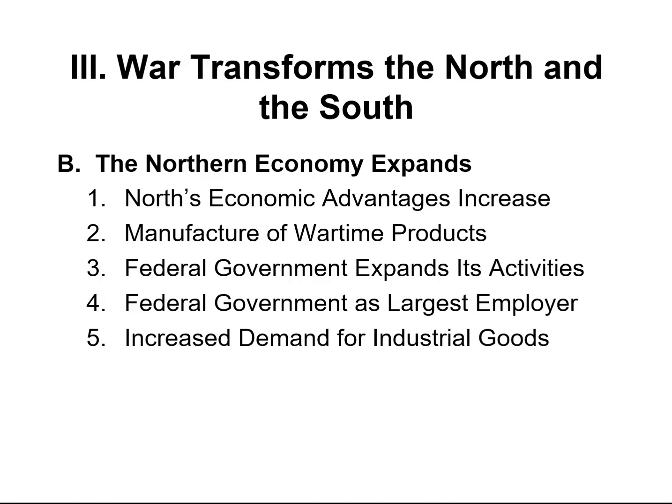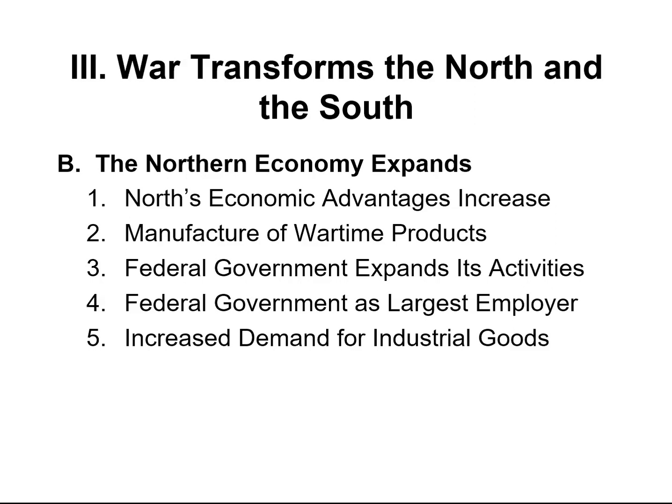The federal government expanded its activities during the war, providing increased protection for industries and hiring women for the war effort. The Union nationalized its currency and the banking system. The federal budget grew from $63 million in 1860 to $1.3 billion by 1865, and the federal government became the nation's largest employer during the war.